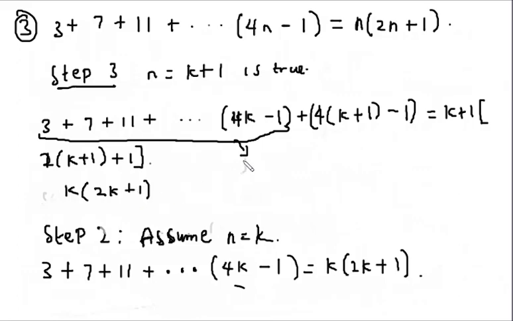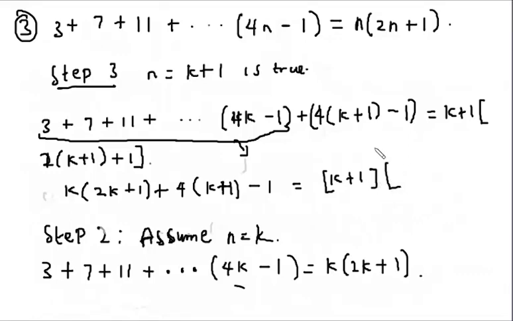Then the next term here is plus 4 open bracket k plus 1, and then minus 1. And then this is equal to k plus 1 on the right hand side. Simplifying this bracket here, you have 2k plus 2 minus 1.